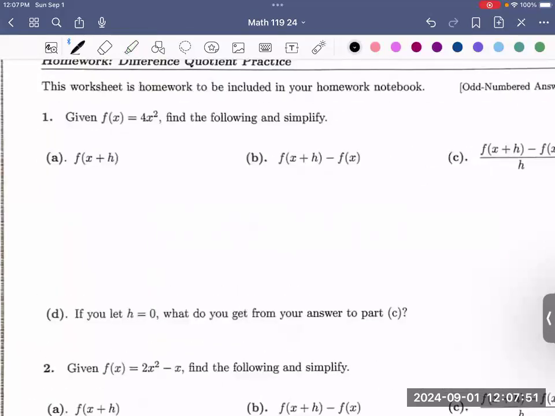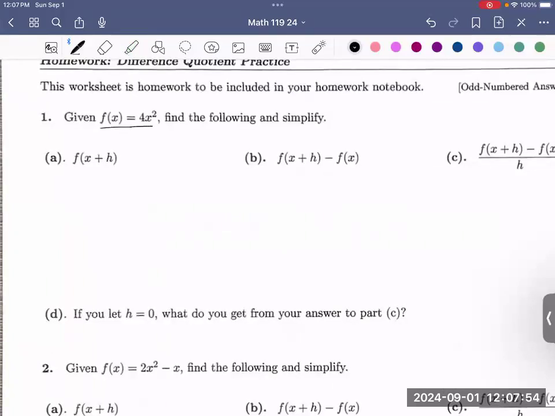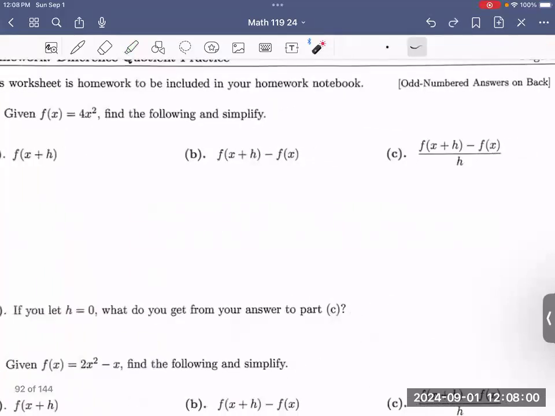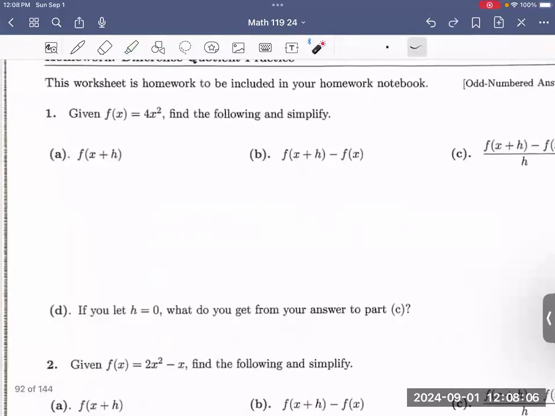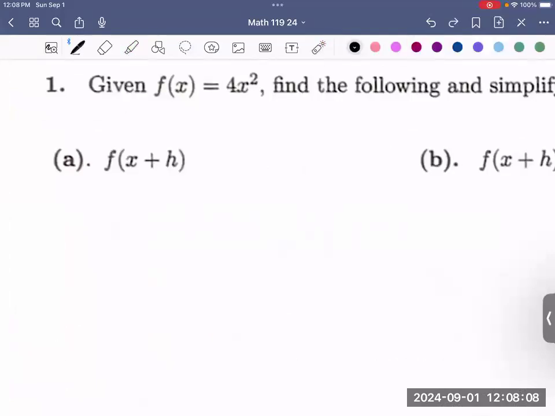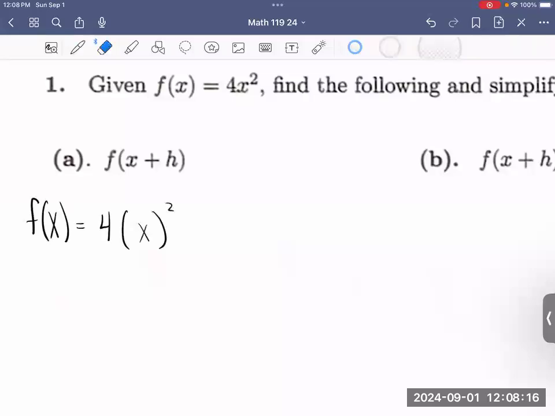We are given a function with the equation, and we are asked to find the following. Now, what they have done is they have just broken up the difference quotient, which is seen here, into parts. So the first part we're going to evaluate is f of x plus h. What that means is typically we have f of x equal to 4x squared, except this time around, let me rewrite that for one moment.